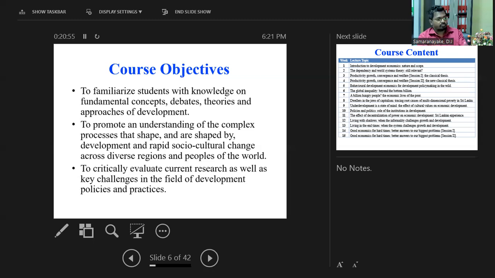That is what we are going to do throughout this course content as well. We have to do this critical analysis on the outputs or findings in the field of development, and think not only of theories, but also policies and practices. That's what we are looking forward to.